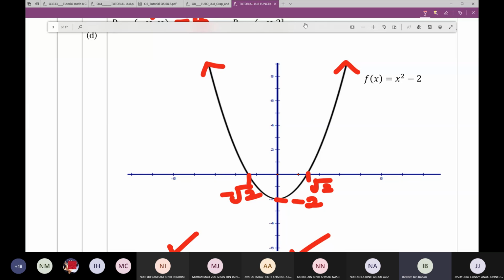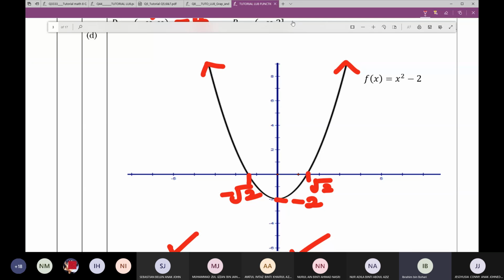Sekejap. Okay, yeah. May I have a look at question 3D again? Yeah, which one? Question 3D. Okay, kejap. Question 3D, ya.